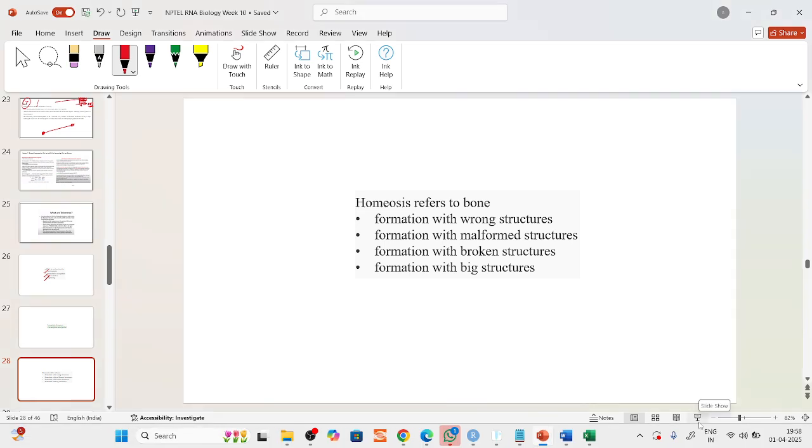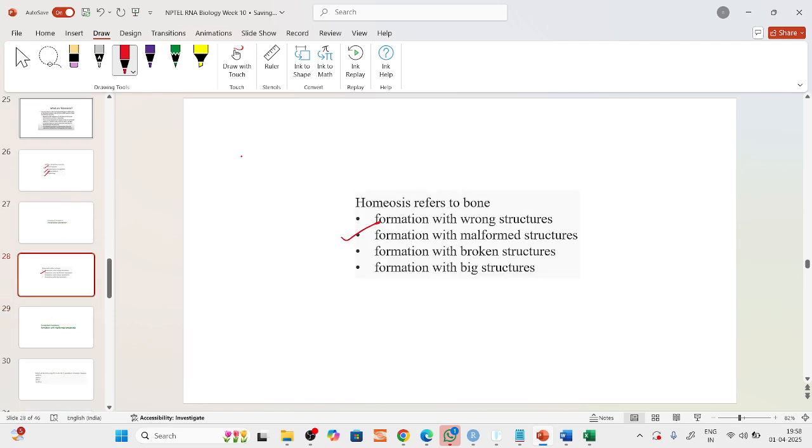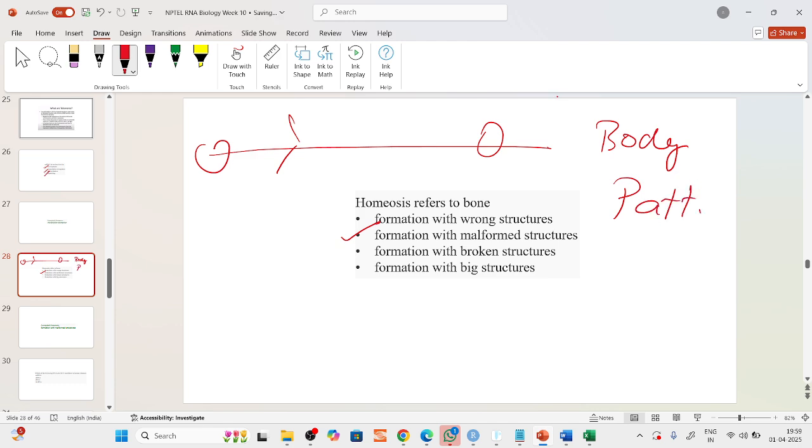So the question is, homeosis refers to, and the correct answer is formation with malformed structures. We have already studied that Hox genes are the genes which control body patterning during development. It controls the anterior-posterior axis, where the head will be formed, where the tail will be formed, where the wings are. So body patterning is controlled by Hox genes.